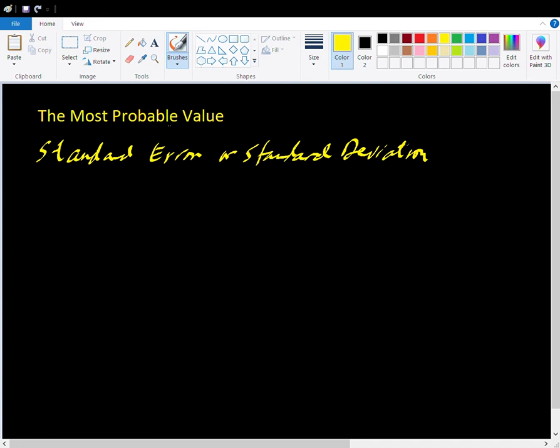The standard error is a measure of the amount of variation in the data. So it determines how the observations are spread out about the mean or the most probable value. The value of the standard deviation is 0 if there is no variation.